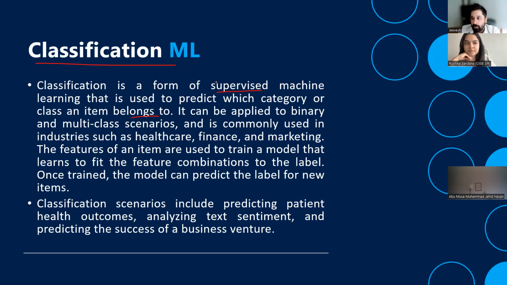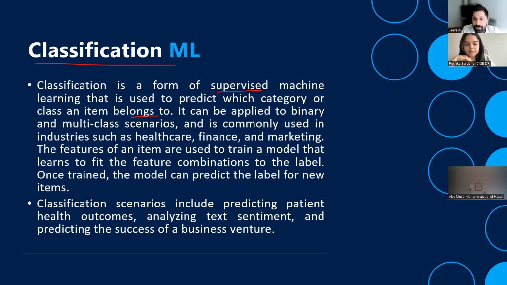Let me say this once again: wherever you see numbers, you are going to put that in regression. Wherever you see you have to classify something, you are going to put that in the classification machine learning category.